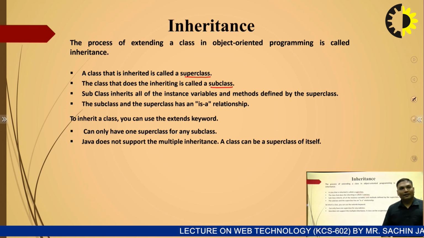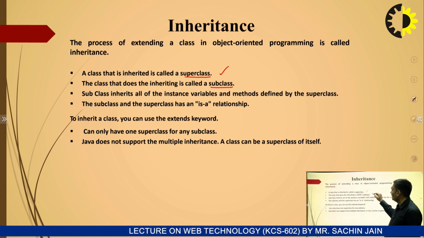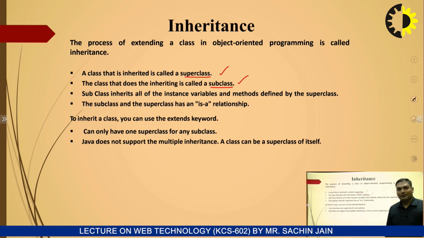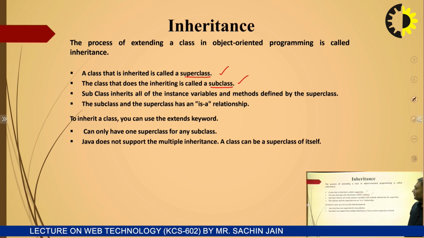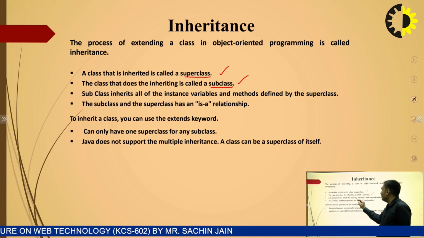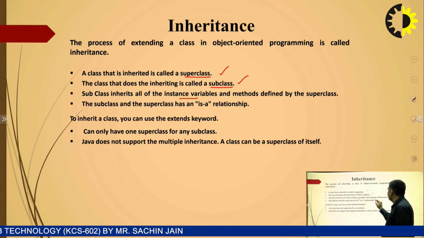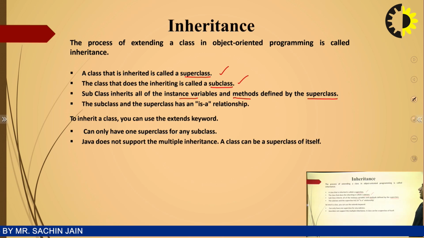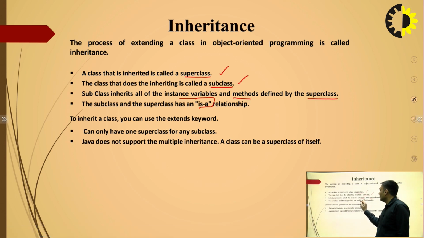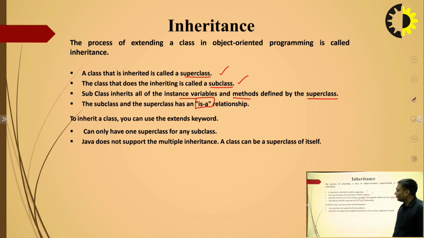So there are two things: one is the superclass, the second is the subclass. The subclass inherits all the instance variables and methods defined by its superclass, and the subclass and superclass have a relationship called a kind-of relationship, right?